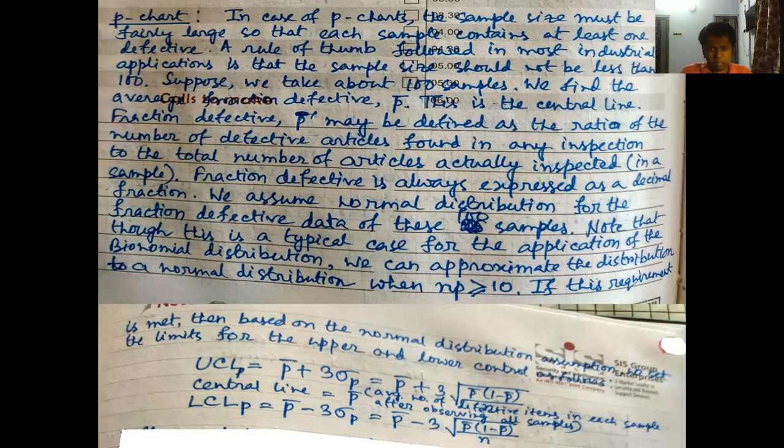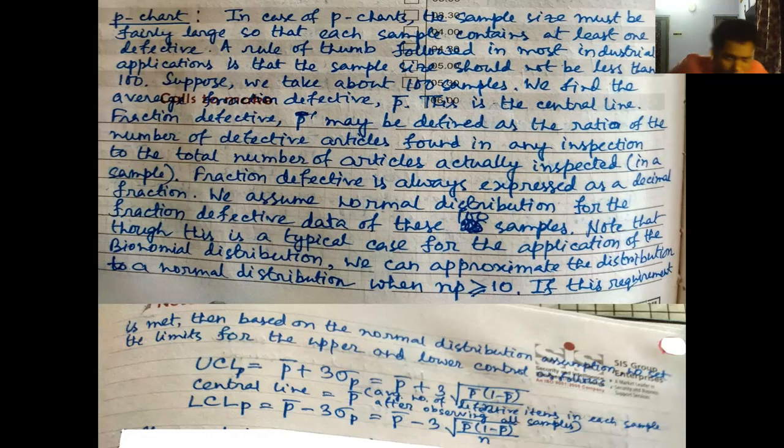But in some typical cases there may be 2.5 sigma, because if the item is very valuable, very precious, then sometimes the 2.5 sigma control limit can also be used.